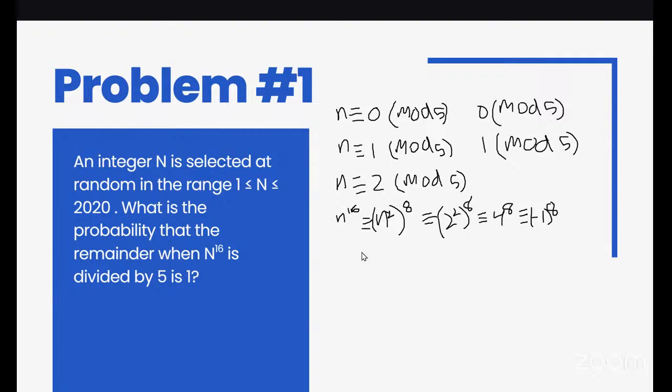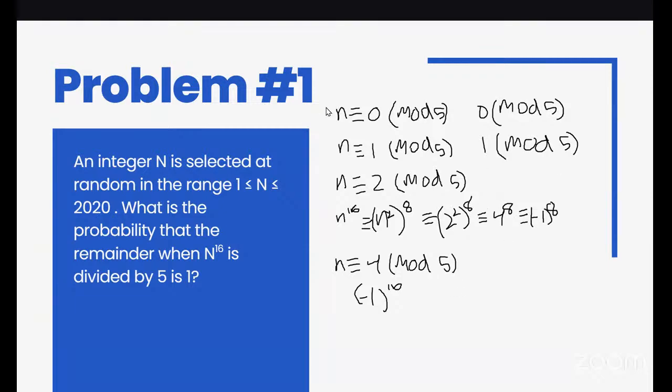And then for n congruent to 4 mod 5, then n to the power 16 and 4 to the power 16, like I just showed you here, would once again just be negative 1 to the power 16, which would once again be 1 mod 5.